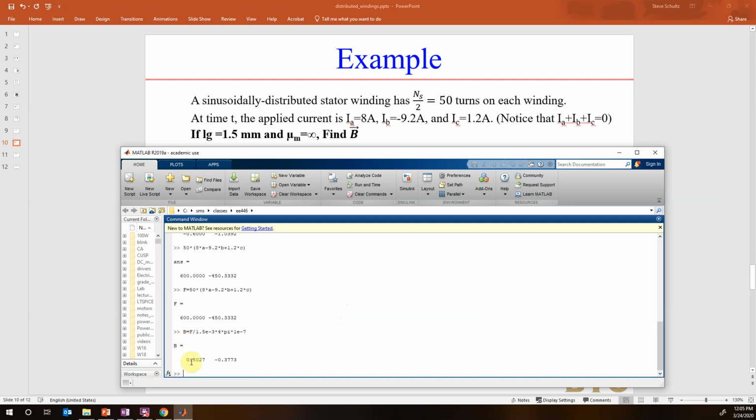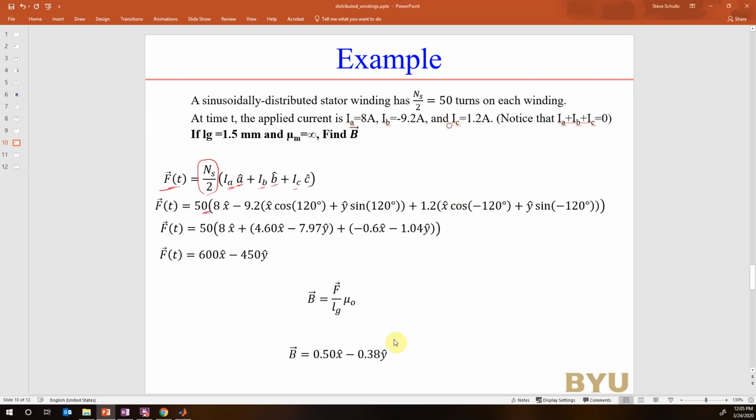And so then I get this number right here. That's my magnetic flux density produced by these currents with this air gap and this number of total turns for each winding.